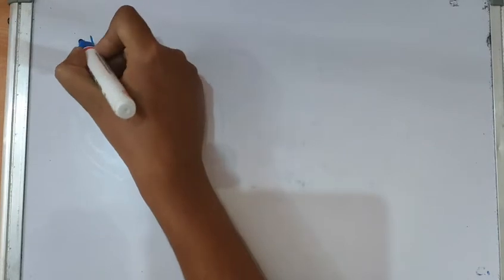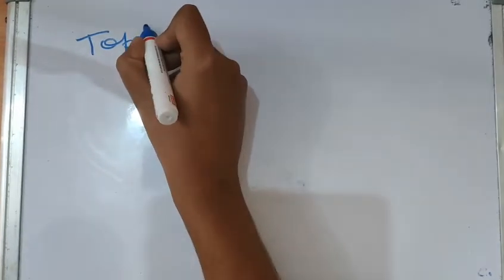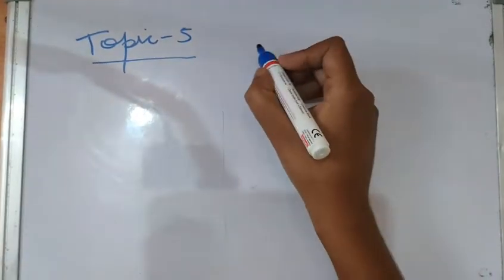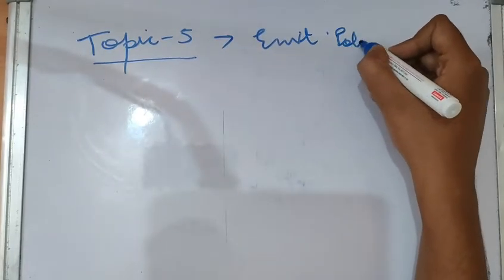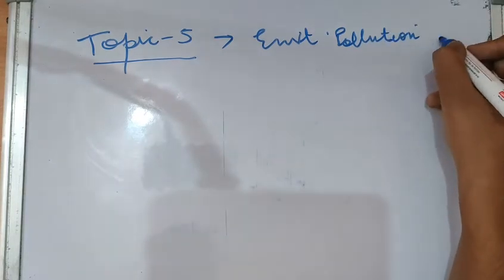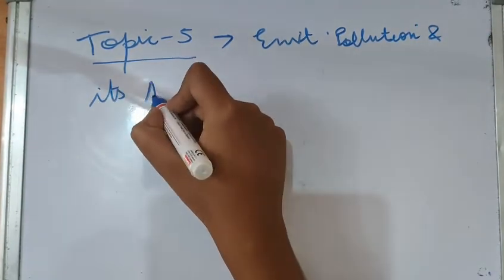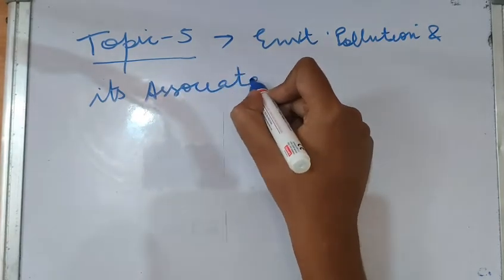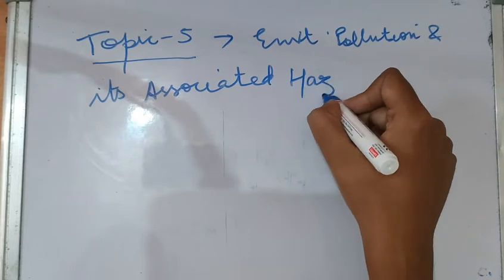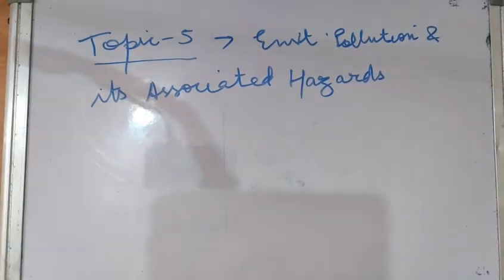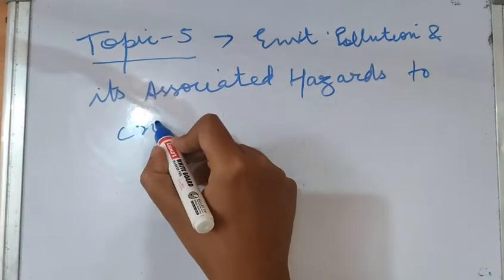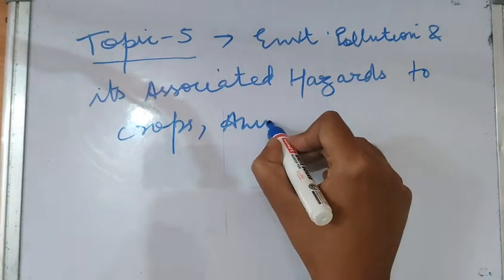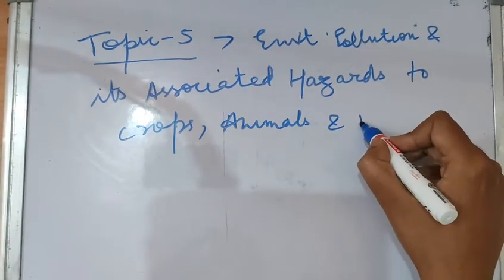So, this is topic 5 of the ecology part, that is environmental pollution and its associated hazards to crops, animals, and humans.